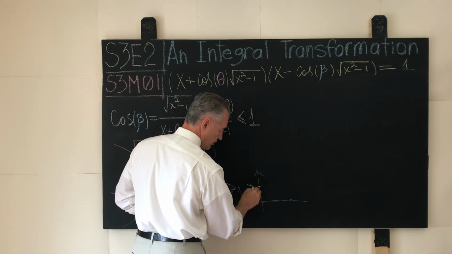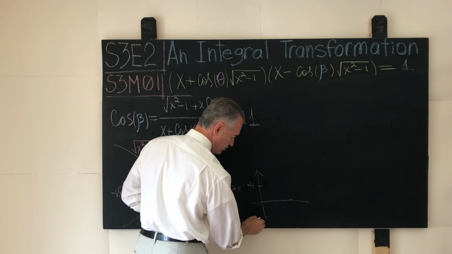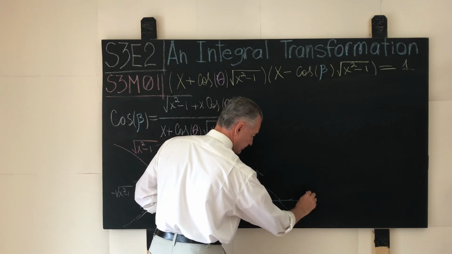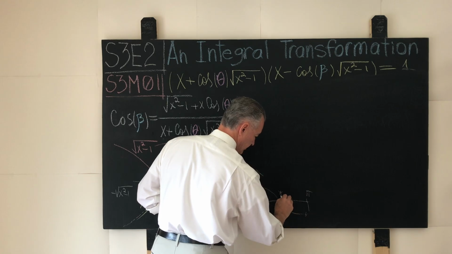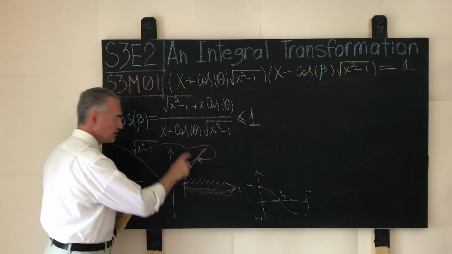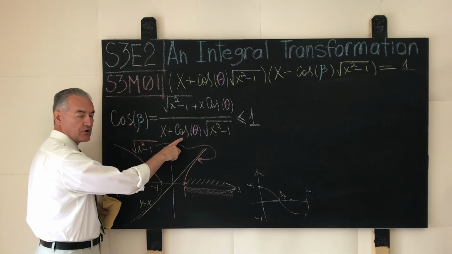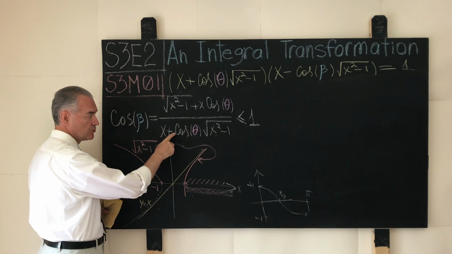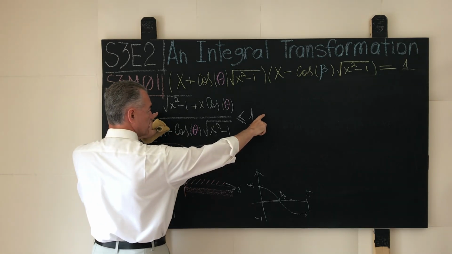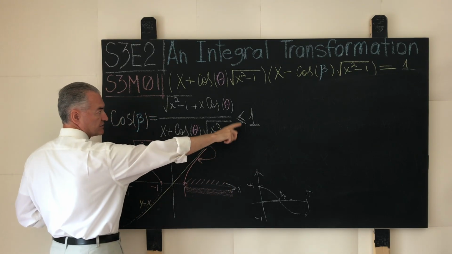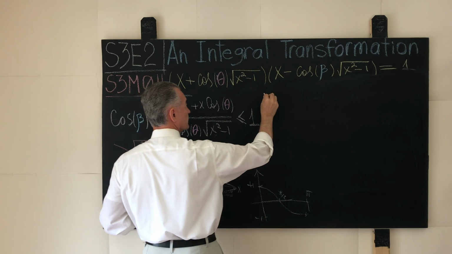From +1 to -1, like so. This is pi, this is pi over 2. This is our cosine. It changes the sign, but even if cosine of theta is negative, we still have this situation here. So when we multiply both sides of this inequality by one and the same positive quantity, this sign doesn't change.